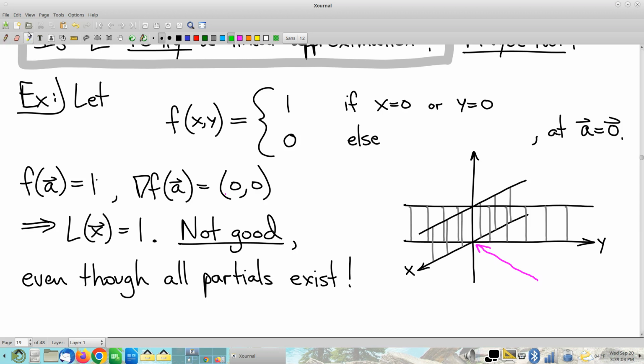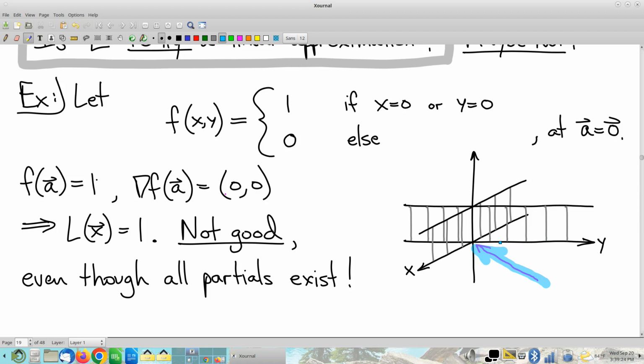Okay, well, as I approach the origin like that, the function has value 0, because I'm coming at the origin from the diagonal where neither variable is 0. That means the original function is down here like that.